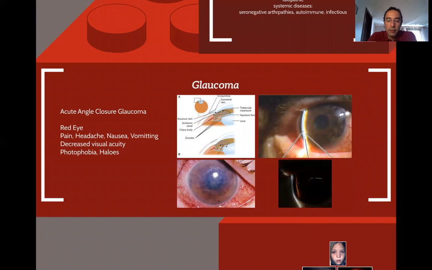Okay, now let's have a look at another entity which may cause red eye. Glaucoma causes red eye, but only one subtype of glaucoma causes red eye, and it is acute angle closure glaucoma. It causes decreased visual acuity because it causes corneal edema, and there is no discharge, but there is hyperlacrimation because of pain.